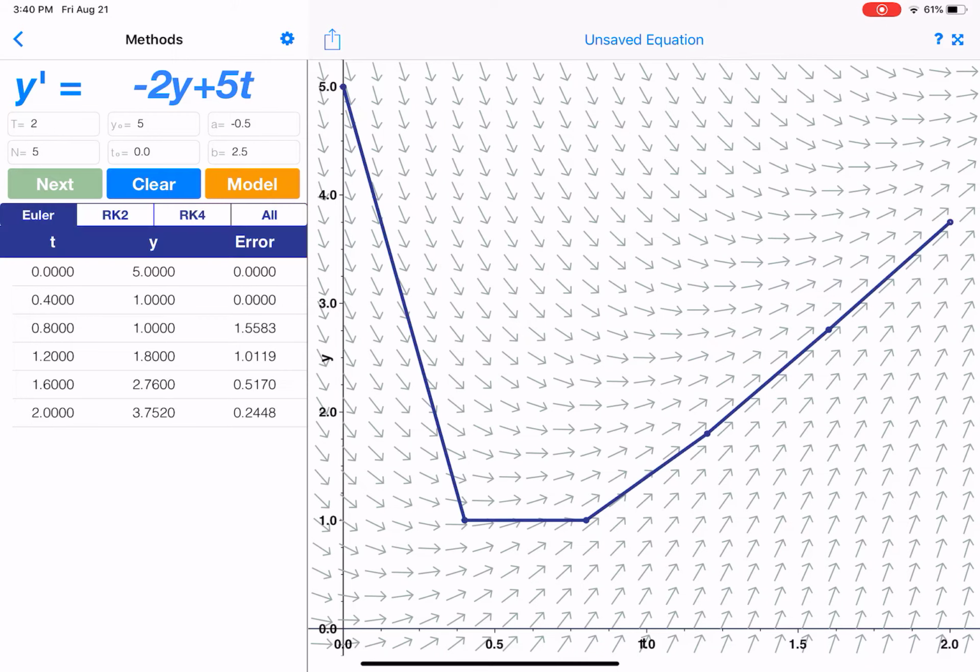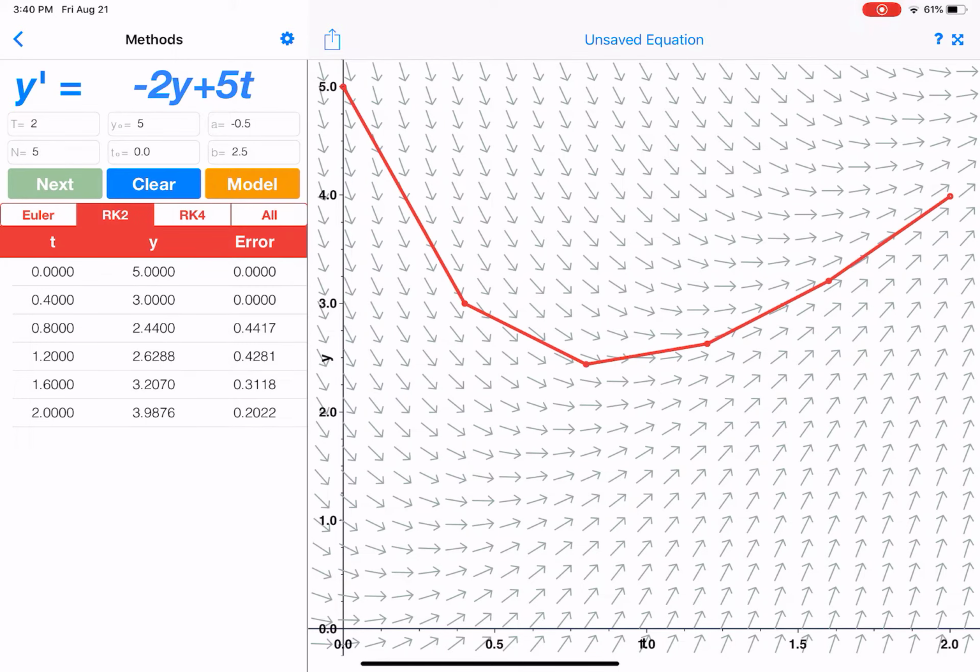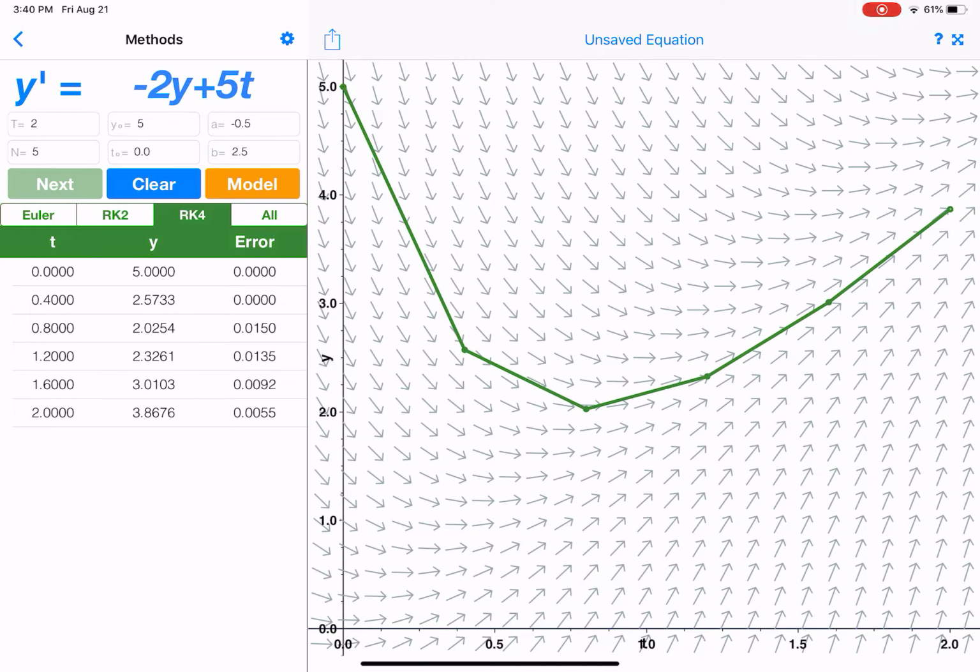So we improved in the error category. Before it was 0.24, and now it's 0.20. If we move to the fourth order Runge-Kutta, I want you to notice a dramatic increase in the accuracy, because now my approximation of the solution is 3.8676, but my error is only 0.0055.